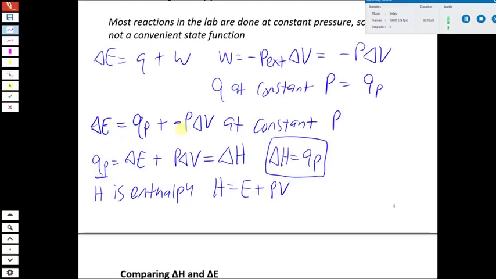Okay? But again, the important thing here is that delta H, the change in enthalpy, is given by the heat that we measure at constant pressure. So the whole idea here is that delta H is a new state function that we have now to classify chemical or physical changes, but it only depends on the heat. It doesn't depend on heat and work together.